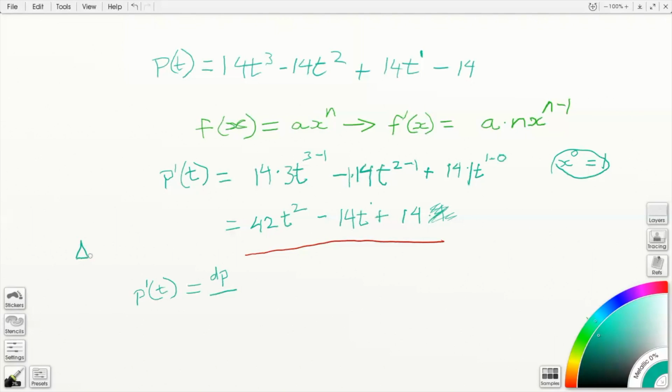I forget what it's called, but this stands for the change. So in maths, we just use a d. So it's dp, the change in p, over the change in time, or t, will now equal 42t squared minus 14t plus 14.